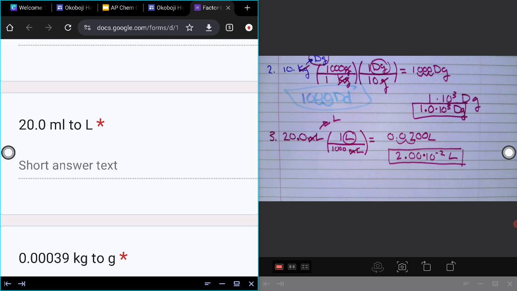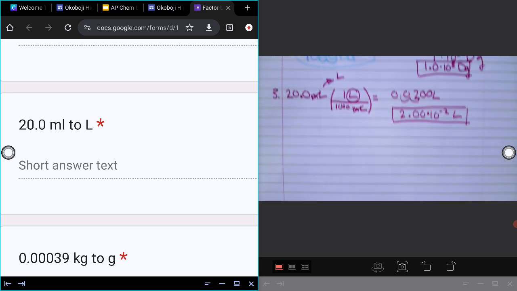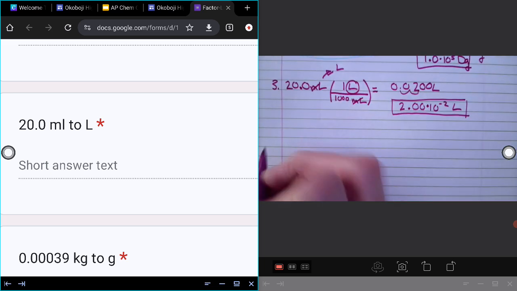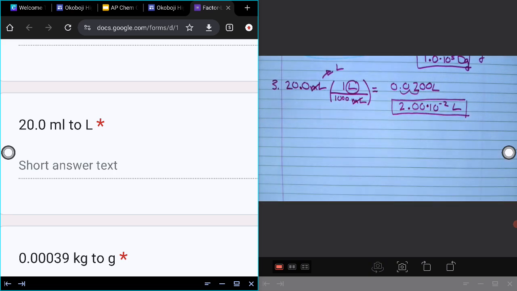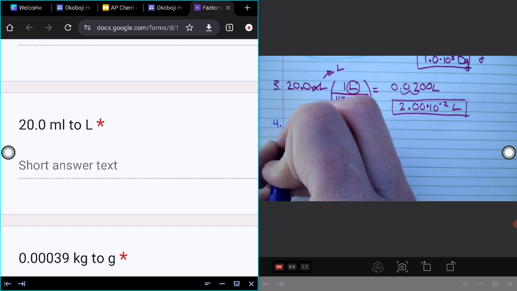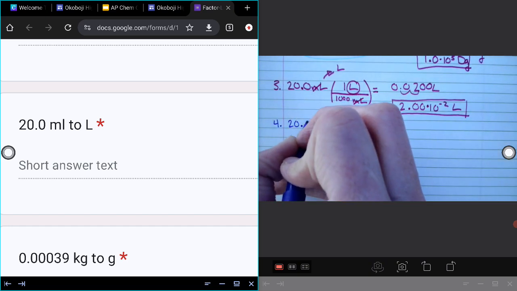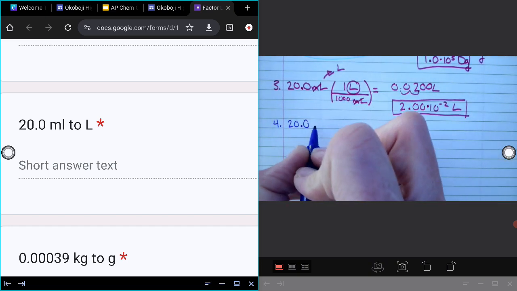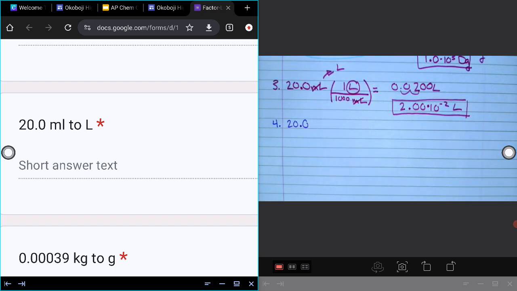Alright, number 4 is pretty similar, so when you get that typed in, go ahead and try number 4 and then I'll jump in and help. Oh, I started writing the same thing.